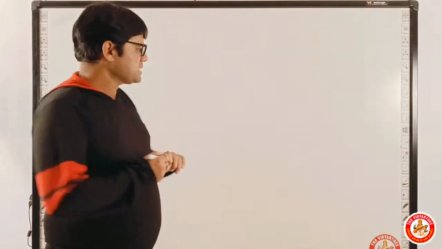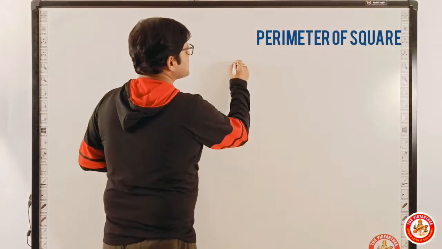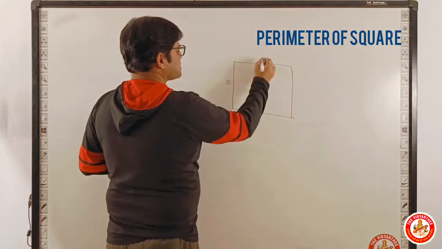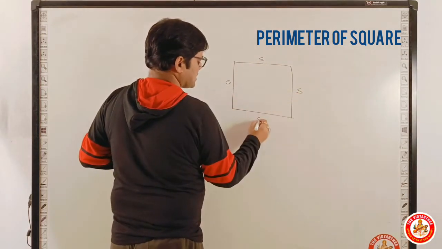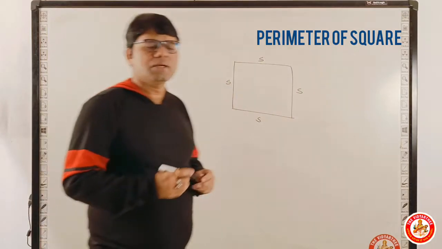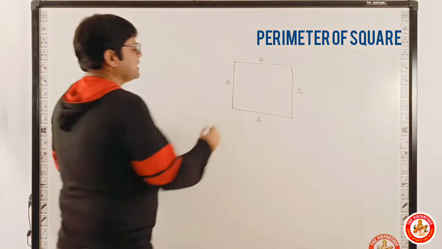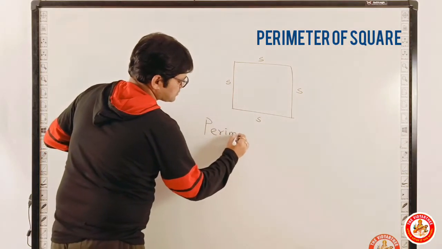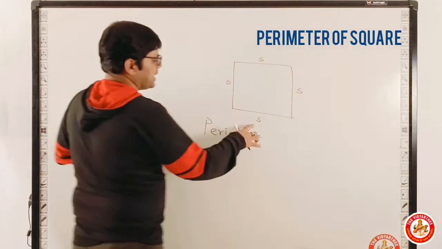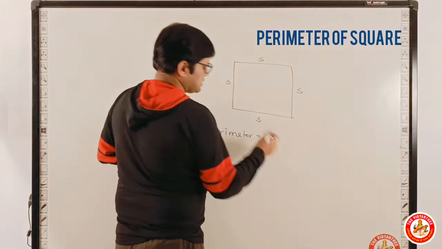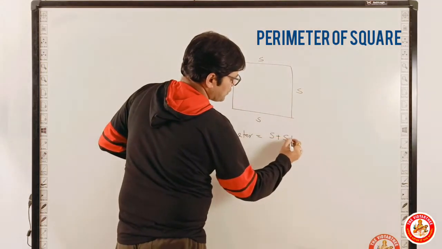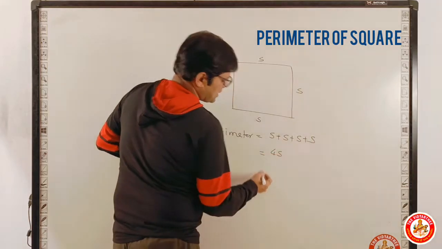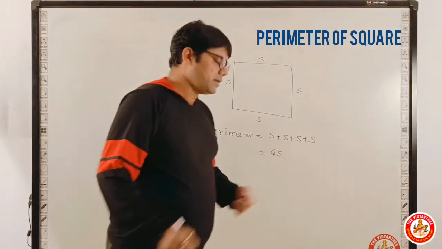But in case of a square, where all the sides are equal, you can see in a square, this is S, this is S, this is S, and this is S, because all the sides are equal in length. The perimeter in such a case will be S plus S plus S plus S. That is, you add S 4 times or you multiply S with 4, it is 4S. 4S will be the perimeter of a square.